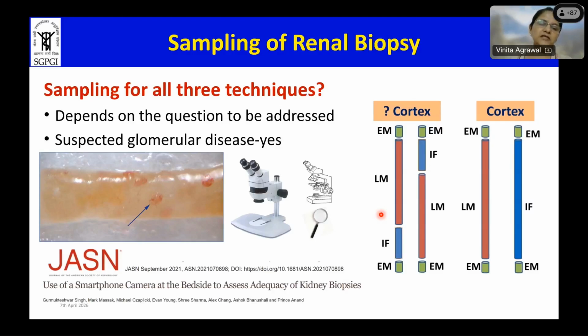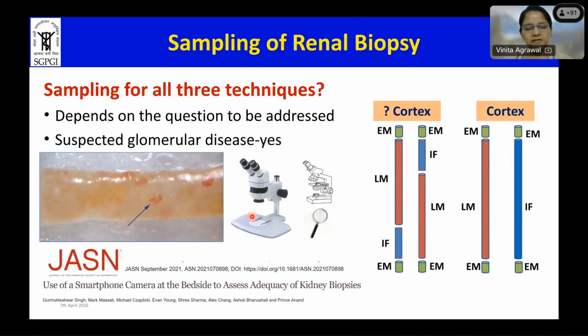This is just to show you that when you receive a renal biopsy in your lab, you can look at it and decide whether there are glomeruli or not, and then accordingly decide which part goes into immunofluorescence, which for light microscopy in formalin, and which for EM. This is the inverted microscope that we have to look at a biopsy.